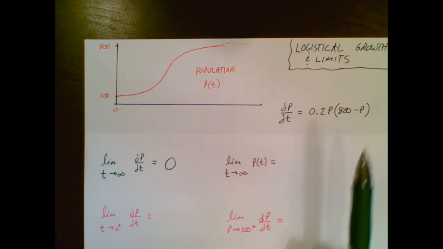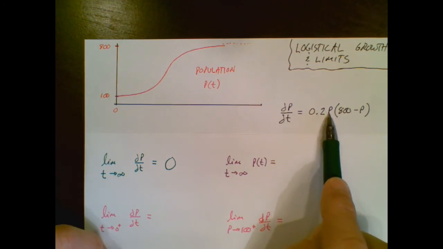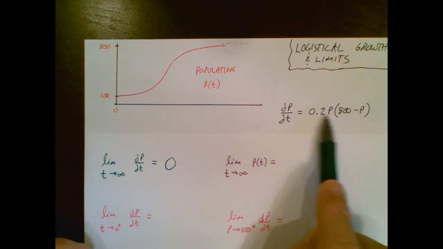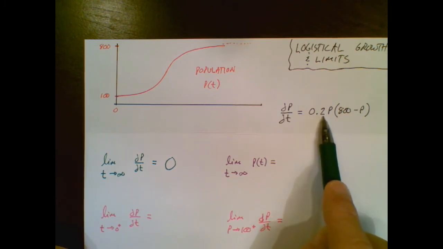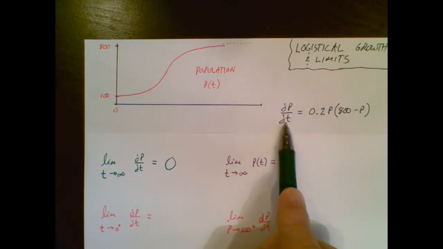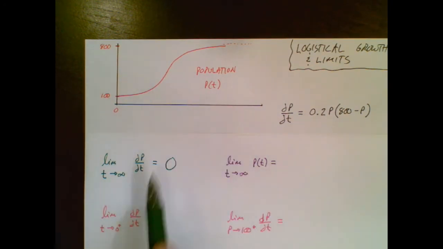So that means my P is closing in on 800, which would make this, with intuitive thinking, closing in on 0.2 times almost 800, so it's closing in on about 160. But this thing, as P gets closer and closer to 800, is getting closer and closer to 0. So I have 160-ish times a 0-ish, which leads to a dP/dt of 0. It's limit thinking either via equation or via graph, but there's a little bit of trickiness there.